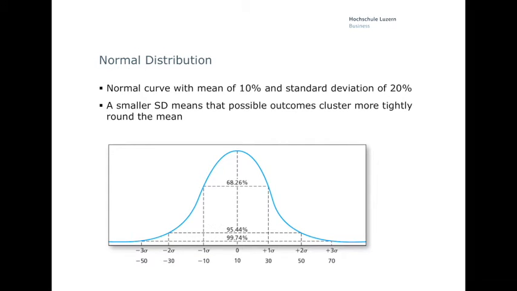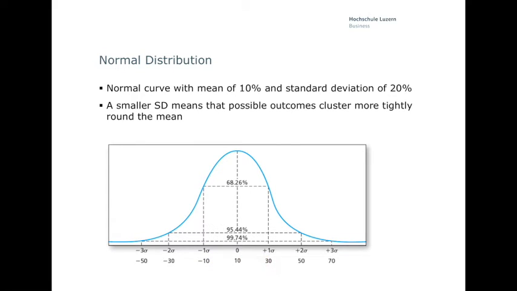The normal distribution. The bell-shaped normal distribution appears naturally in many applications. The graph below shows a normal curve with a mean of 10% and a standard deviation of 20%, meaning that 68.26% of all observed returns lie between plus minus one standard deviation, ranging from minus 10% to 30%.